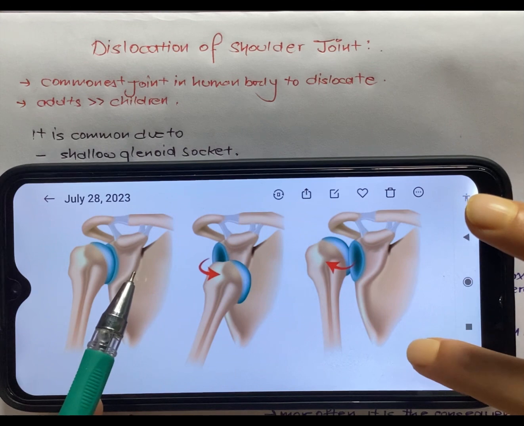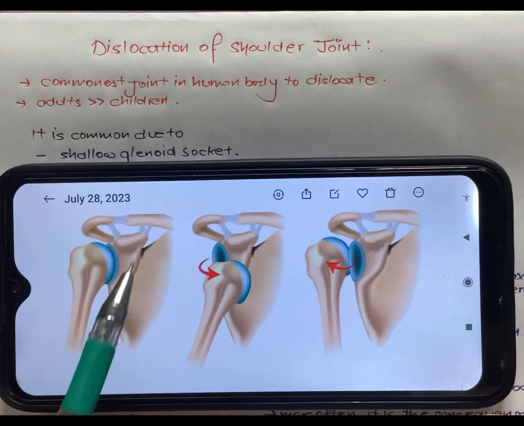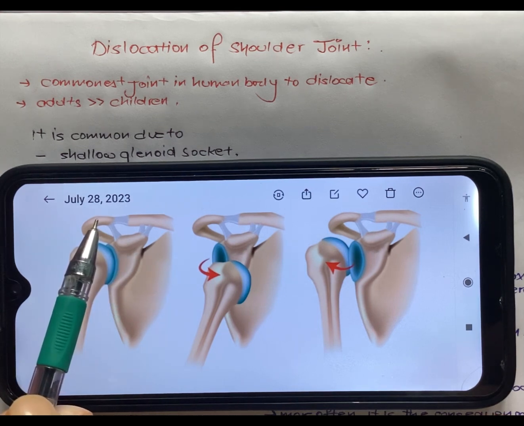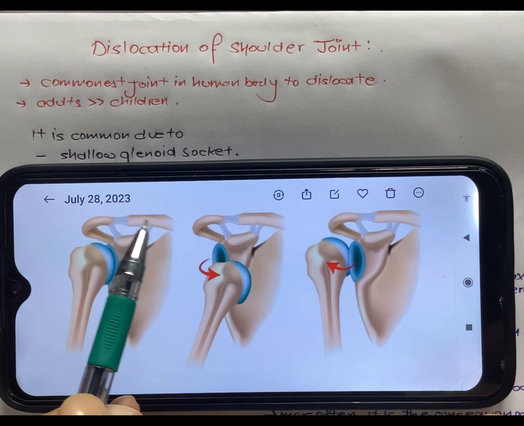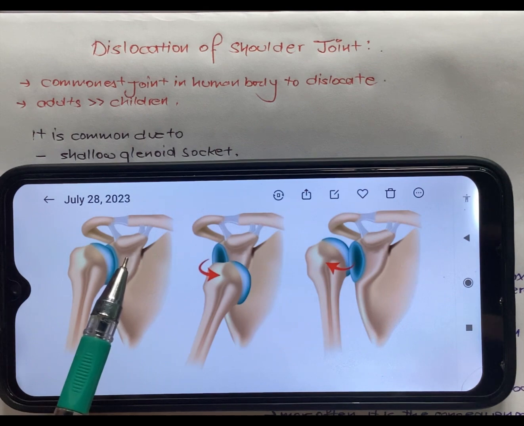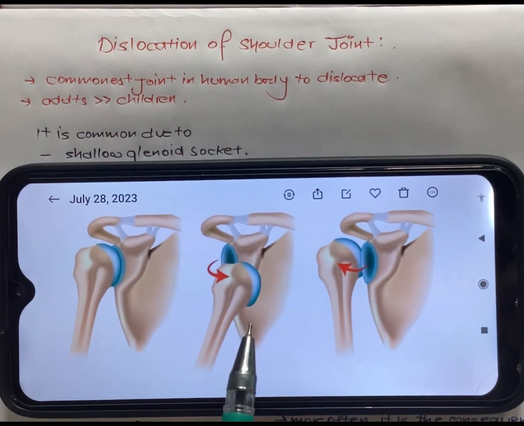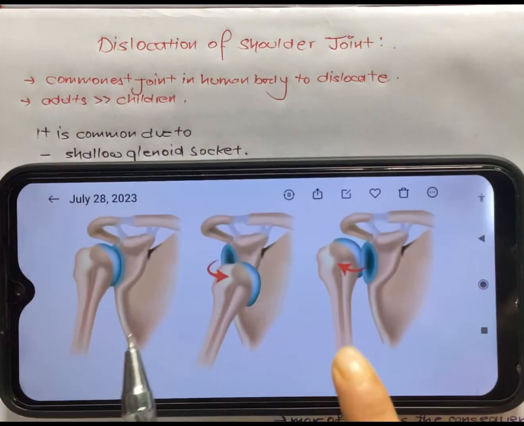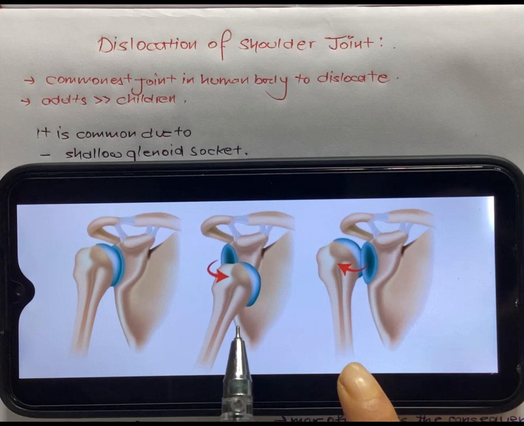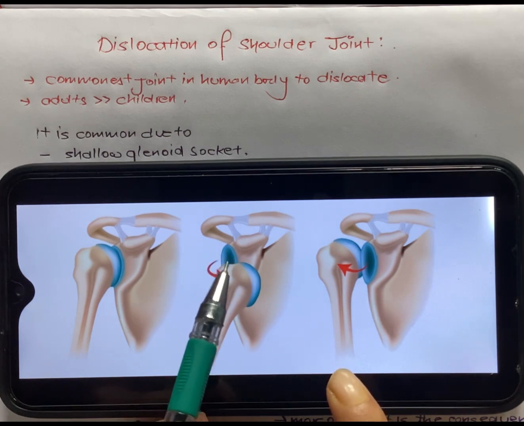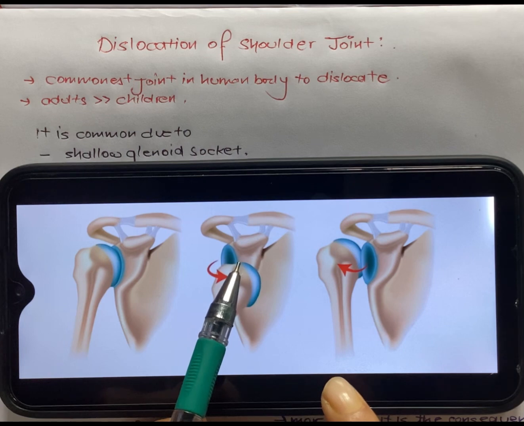As we can see here, this is the scapula, this is the coracoid process of scapula, this is the acromion process of scapula, this is the clavicle, and this is the glenoid cavity where the head of humerus fits. Anterior dislocation of shoulder is further subdivided into preglenoid, subcoracoid and subclavicular. In preglenoid, the head of the humerus lies in front of the glenoid cavity.